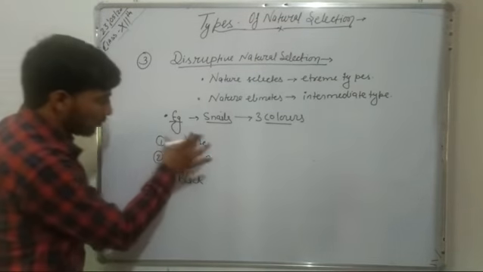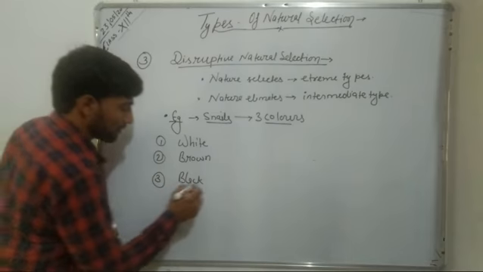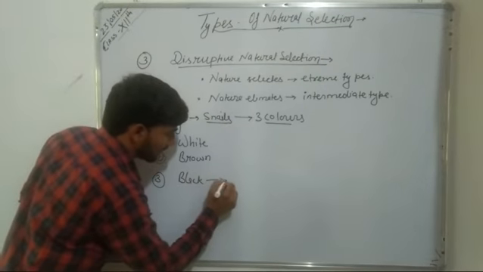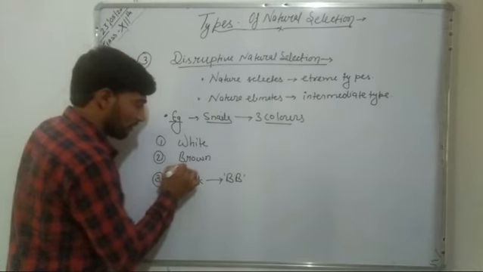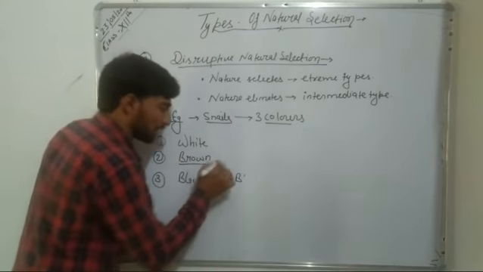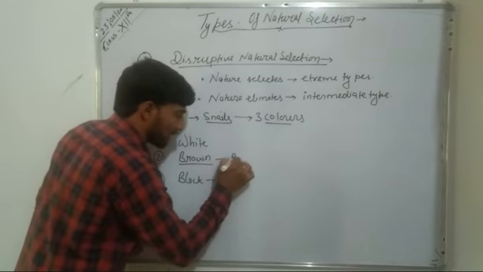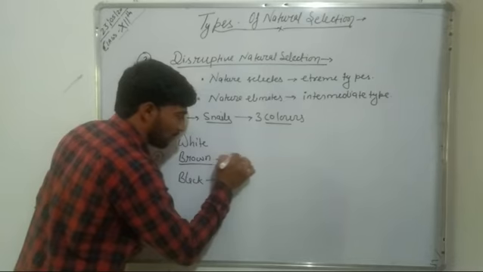Now the genotype for these colors: for black color it is homozygous dominant, capital B capital B. For brown color, because it is an intermediate condition, it is heterozygous dominant, that is capital B and small b.